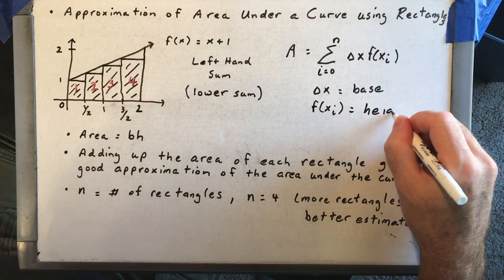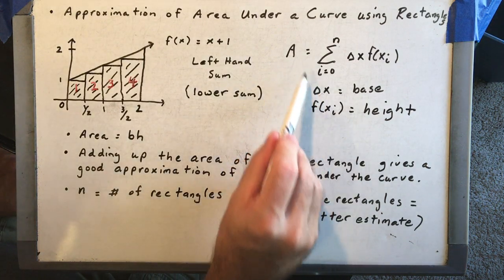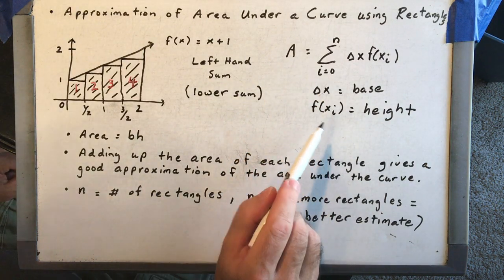Now I'm showing you this, this isn't a hard thing to do. I'm showing you this because this is the kind of language you'll see in a calculus book, okay?